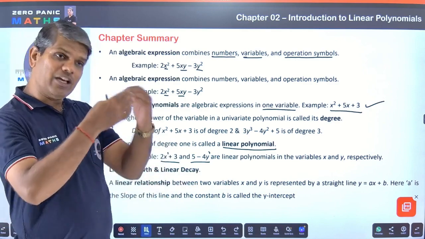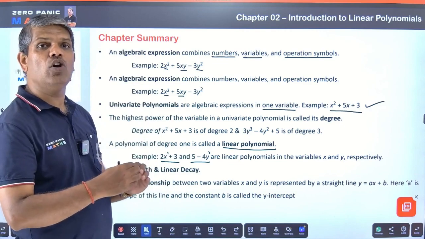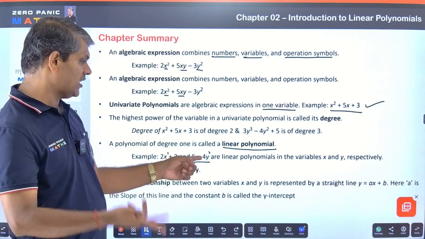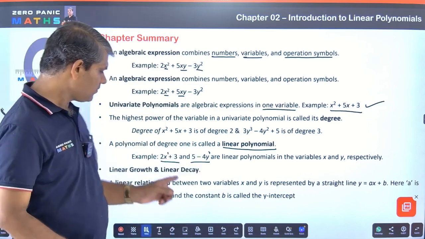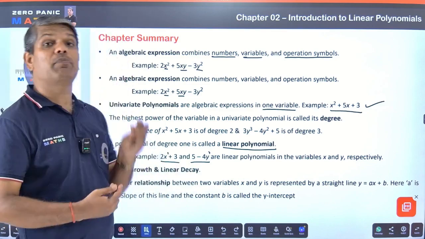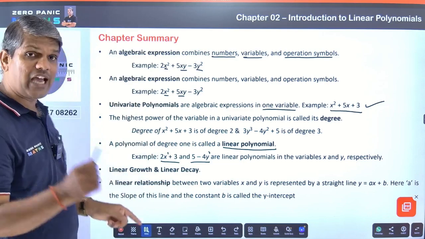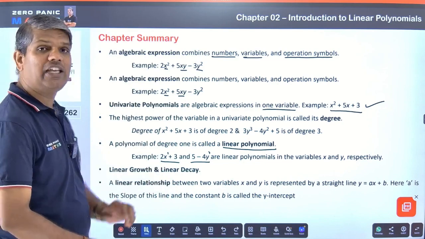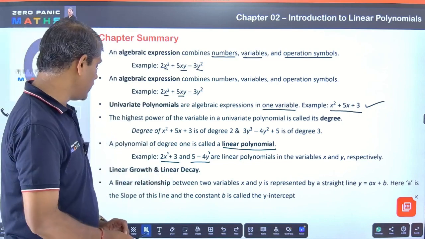If there is a constant decrease in the value of the whole polynomial with the change in the value of the variable, that is called decay. If you don't remember, please watch the previous videos. We have a specific video on linear growth and linear decay. Watch that video for the explanation.